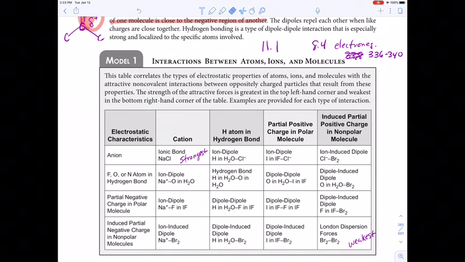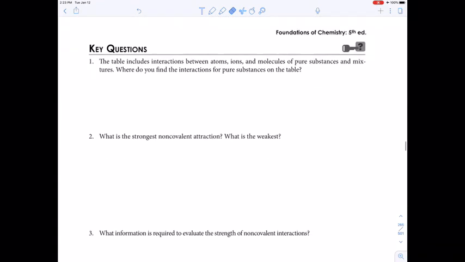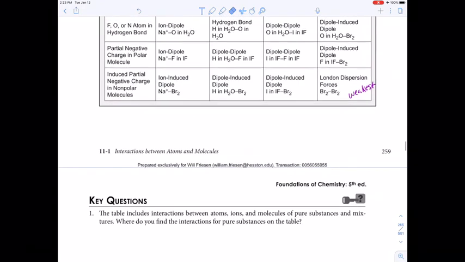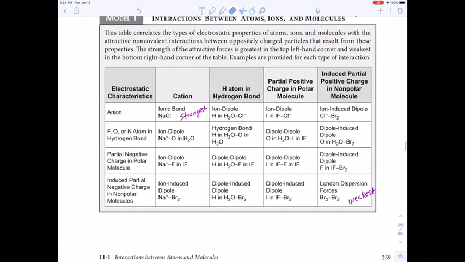Okay, flipping to the next page. Sorry, you're going to have to flip back and forth a little bit. The table includes interactions between atoms and ions and molecules of pure substances and mixtures. Where do you find the interactions of pure substances on the table? So, we're going to look for interactions between two things that are identical.